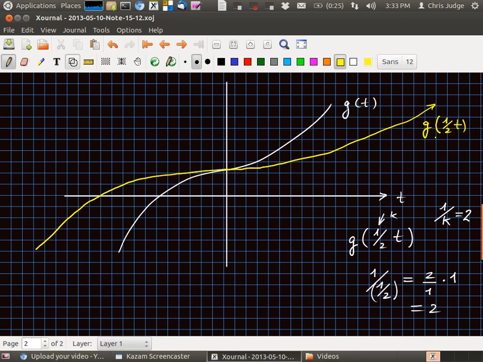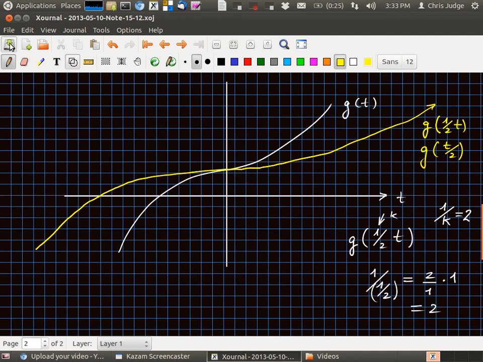This is the graph of g of 1/2 t, or in other words, g of t over 2. So dividing by 2 or multiplying by 1/2 gives a wider graph in the horizontal direction.